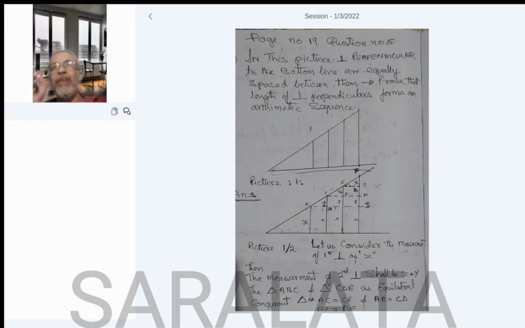Now, when I'm having x plus 2y, there are two triangles created in this. Two triangles, that is A, B, C, and C, D, E. When you look at those two triangles, the measurement of the hypotenuse will be equal, because the distance between the first perpendicular and the second perpendicular line, or the second perpendicular and the third perpendicular line, are all the same.